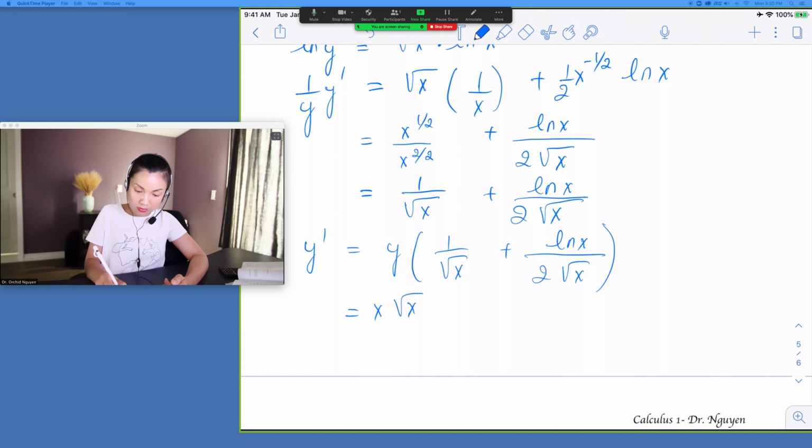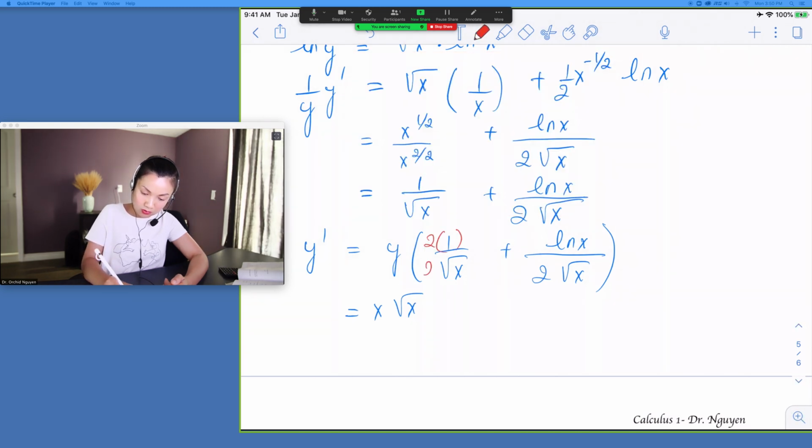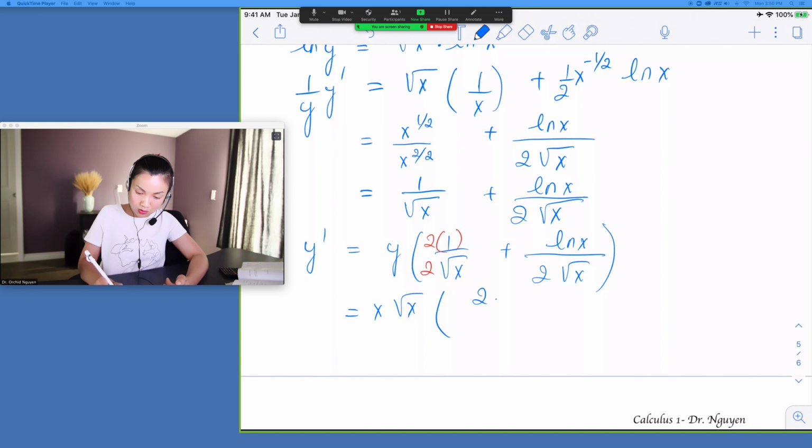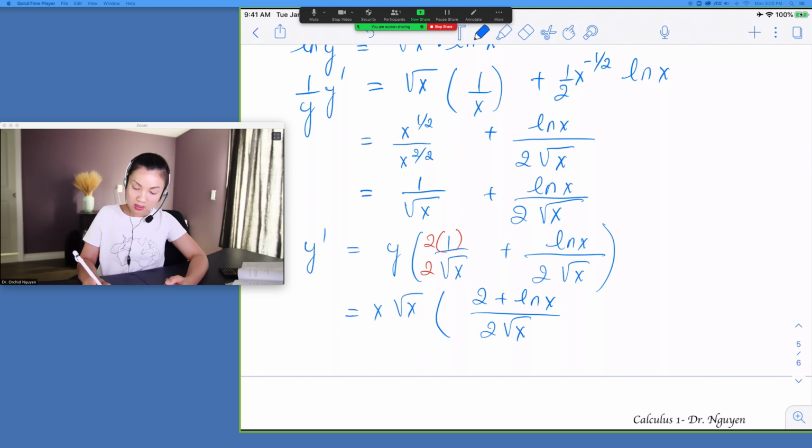If you want to make the LCD here, you can do it. So I'm just going to multiply this one right here by 2 to make it into the LCD. So 2 plus ln of x over 2 square root of x. All right, that's going to be my solution.